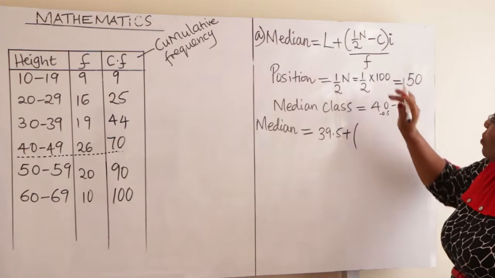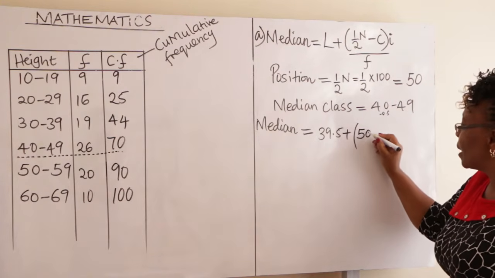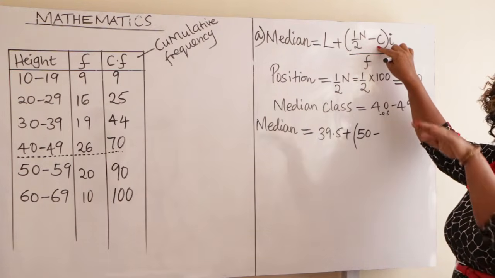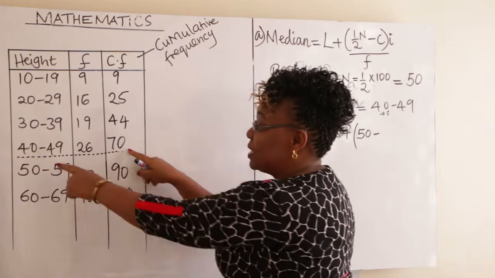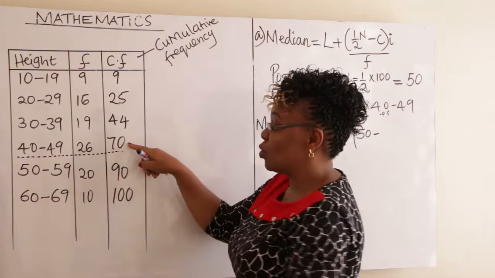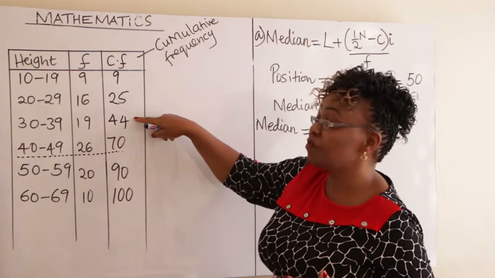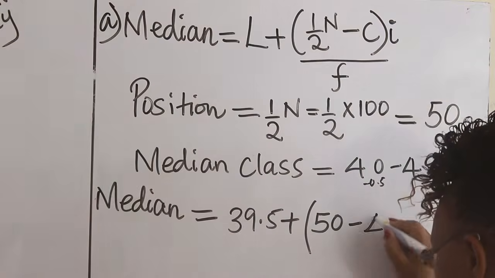A half of n, we had already calculated it here, it is 50. Minus C, which refers to the cumulative frequency above the median class. So you come here, this is the median class. Which is the cumulative frequency above this median class? It is 44. I hope you understand.